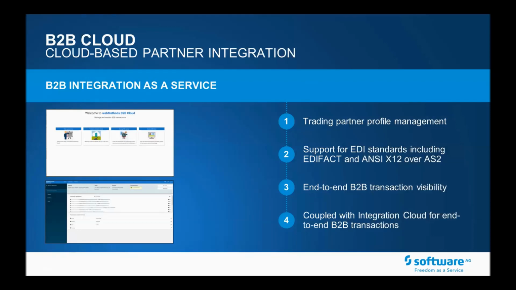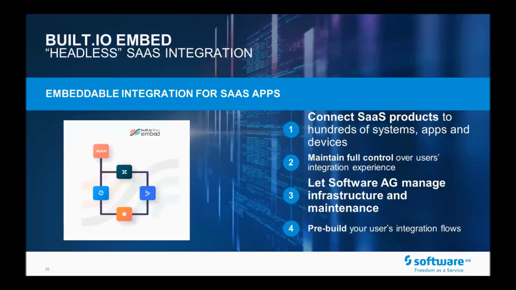B2B integration as a service. As I was saying, this is our good old trading networks coming to the cloud. We have just released the first version in 10.3. We're progressing with bringing more and more on-premise features to the cloud, so make sure you check it out as well. And the last thing to mention here is the headless SaaS integration.